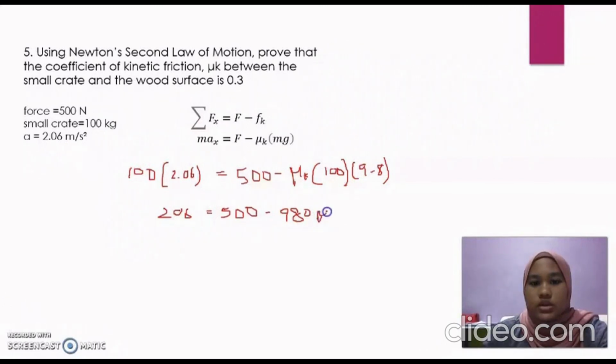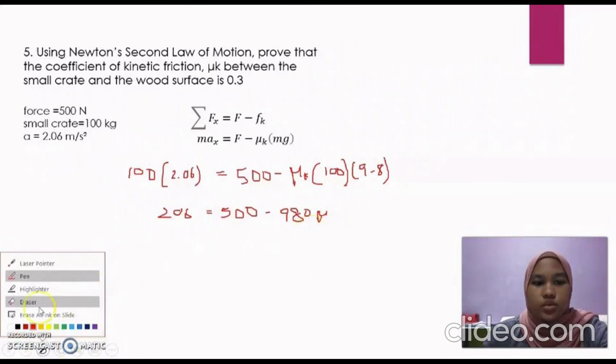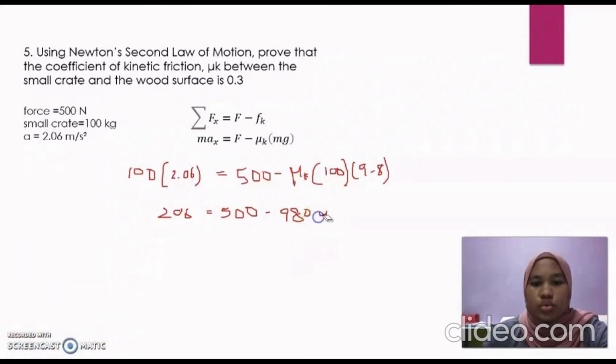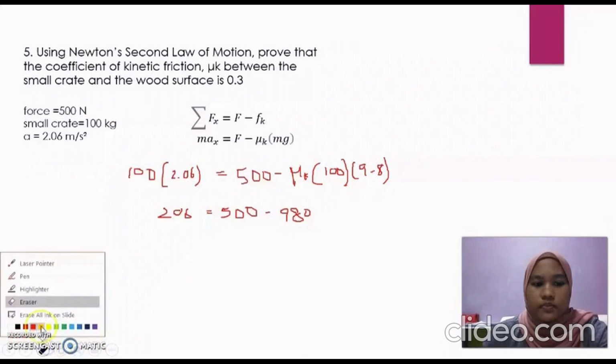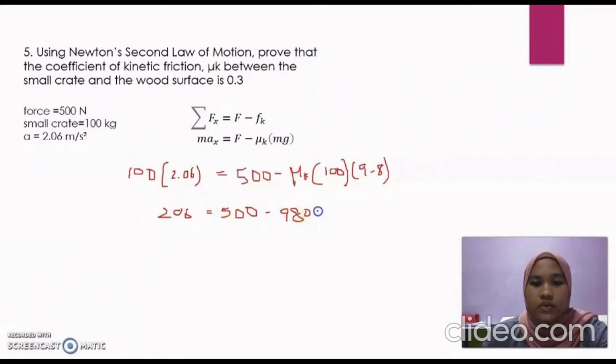So in this equation, we want to find the kinetic friction.